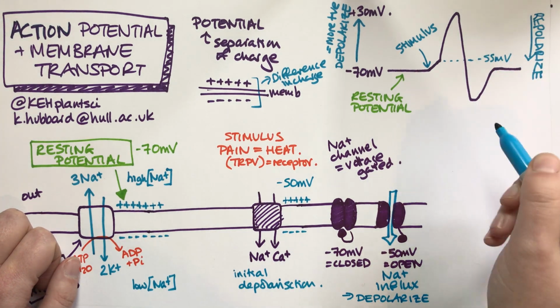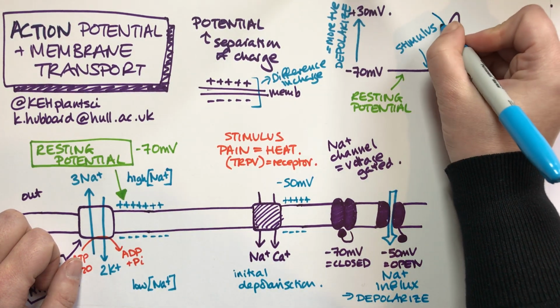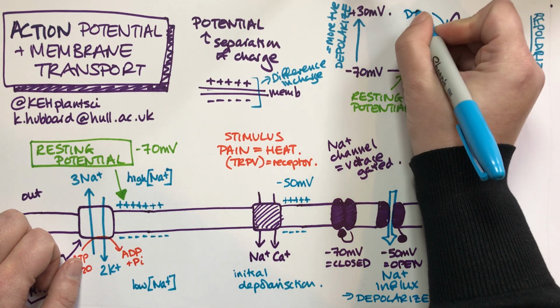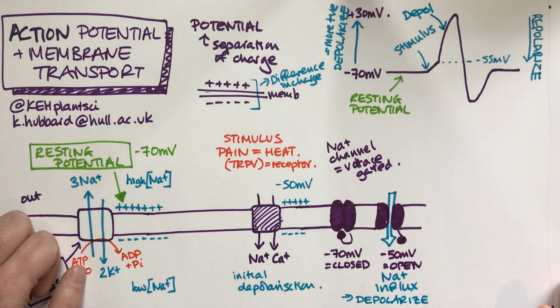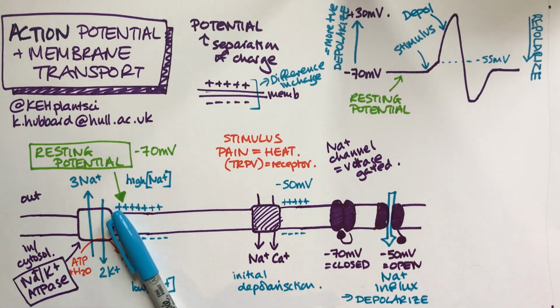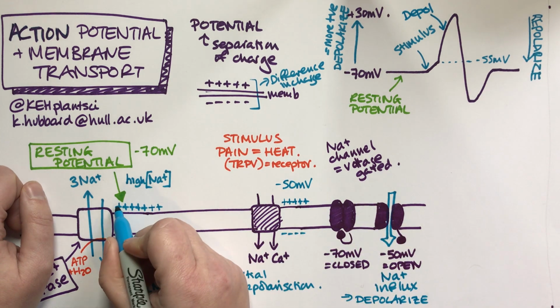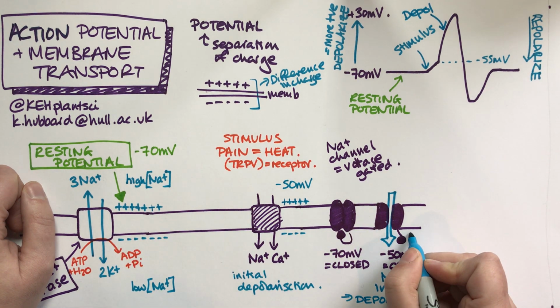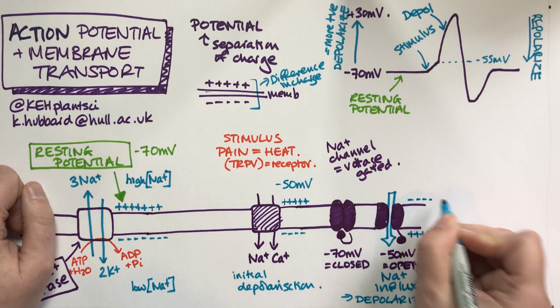Okay, so that's what is happening in this part of the graph here. So we've got the depolarization phase, and that is all to do with a large influx of sodium coming in, and there's so much sodium coming in that the membrane potential reverses. So it used to be positive on the outside, now it's positive on the inside relative to the outside.